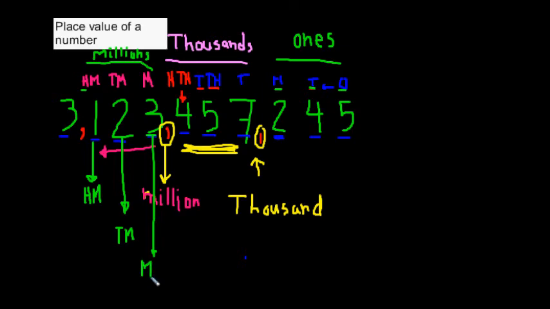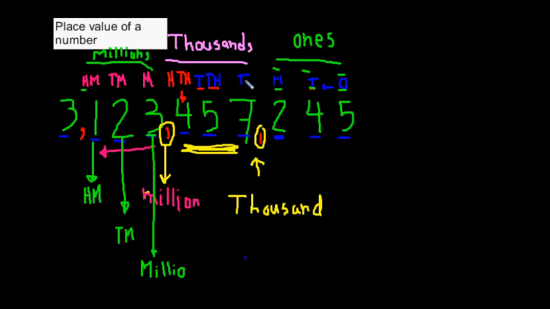The difference between ones, thousands, and millions is that when we mention hundred, tens, and ones, we say hundred, tens, and ones. Here the difference is that we add the word thousands to hundred and tens.